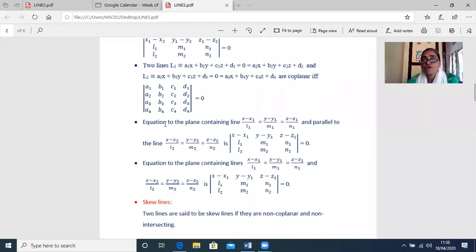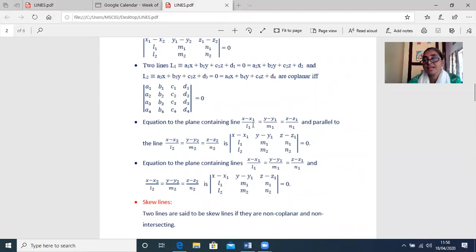Now, the next formula is about the equation of the plane containing one line and parallel to another line. So you please put the formula like this to find the equation of the plane containing this line with DCs l1, m1, n1 and parallel to this line with DCs l2, m2, n2.